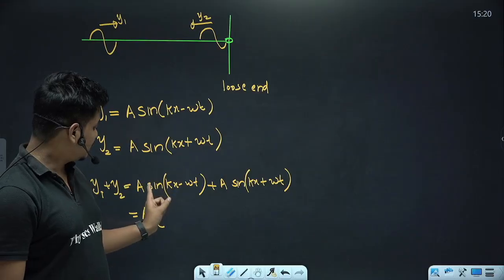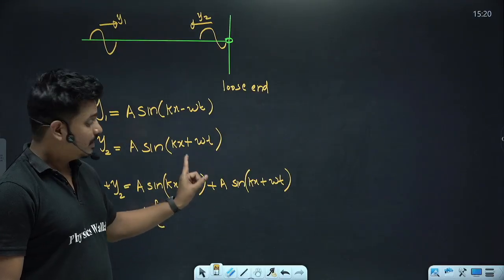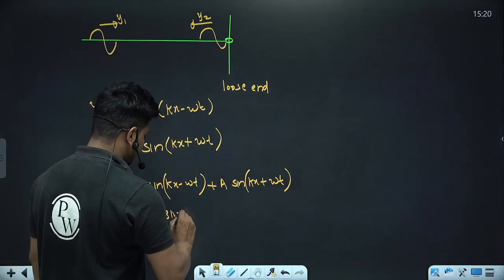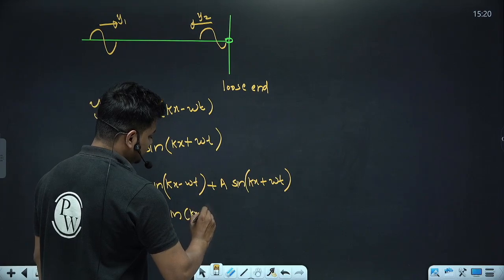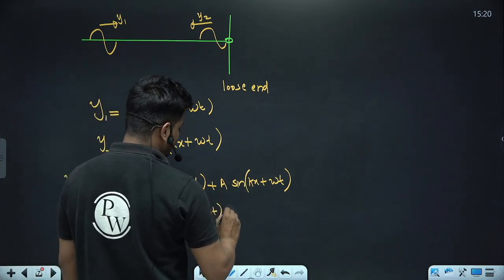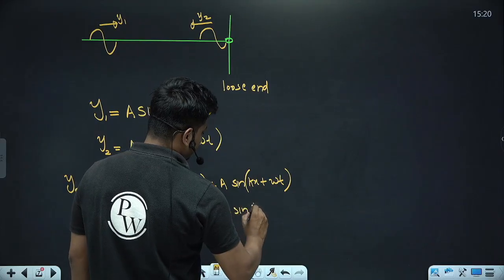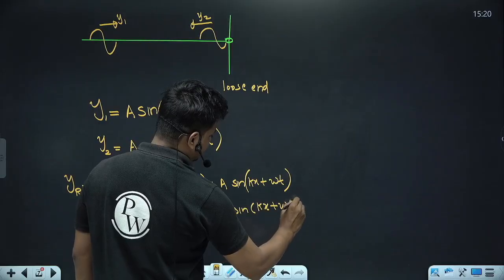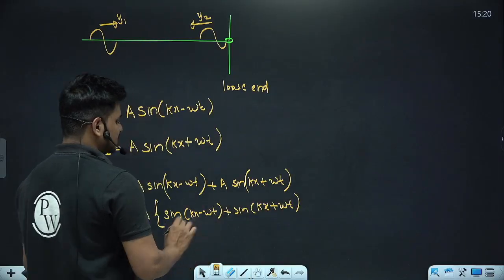So I am going to treat sin(a minus b) plus sin(a plus b), where a is kx and b is omega t. So what is sin(a minus b)?